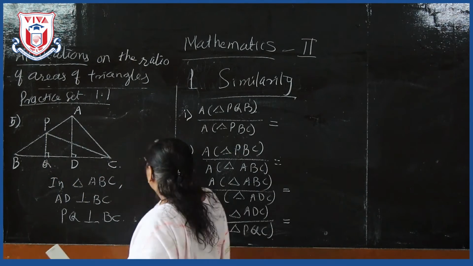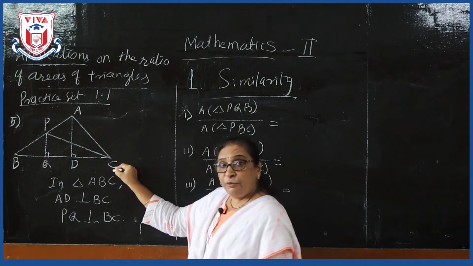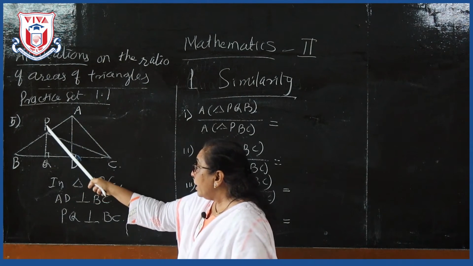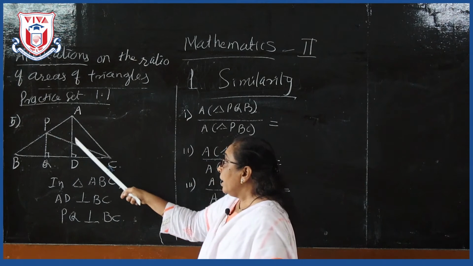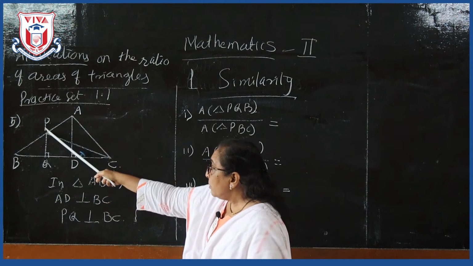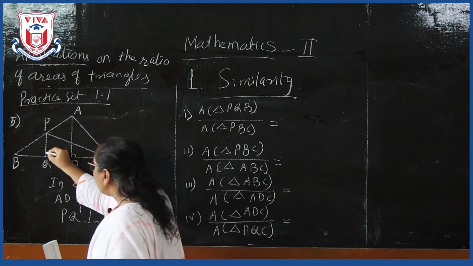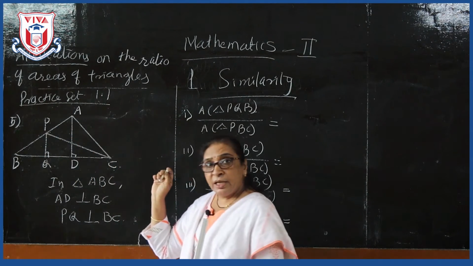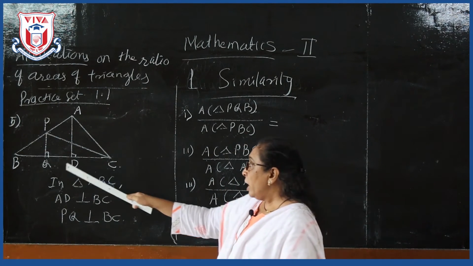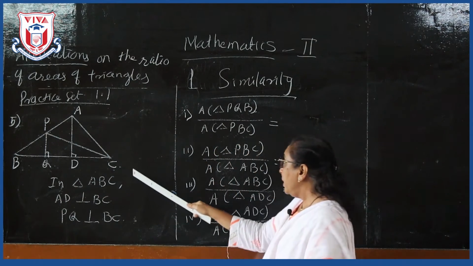If you see, triangle PQB and triangle PBC have the same height, and that is PQ. That means these triangles are having equal heights, and therefore areas are proportional to their corresponding bases BQ and BC.